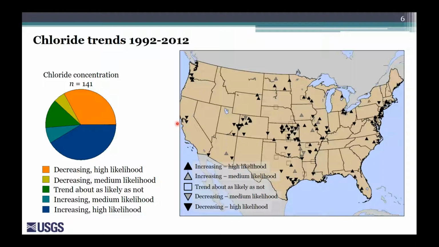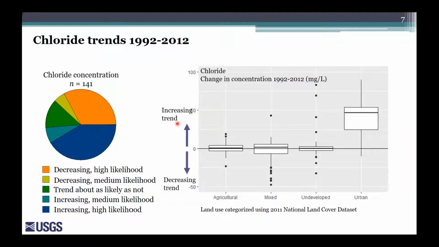But beyond that, chloride doesn't necessarily stand out as an element that has broad upward trends throughout the country. But when we start breaking it out by land use, you see something very different, okay? Here I have box plots of the change in chloride concentration between 1992 and 2012. Anything above this line indicates places where we were finding increases, and below the line are places where we're finding decreases.